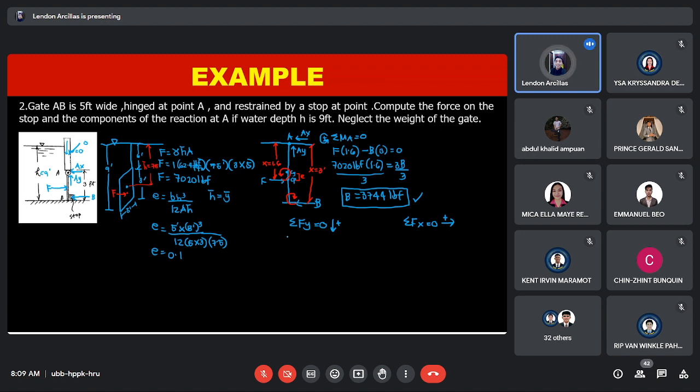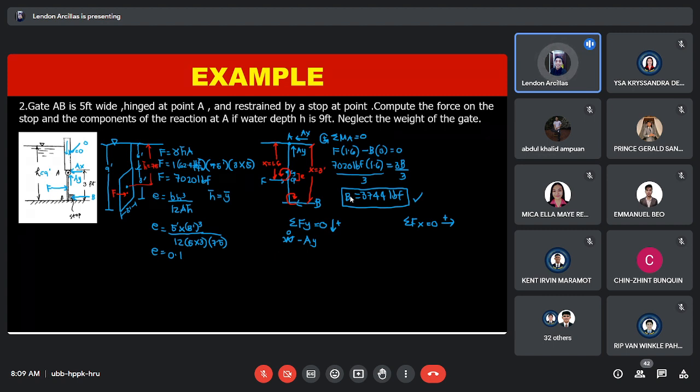So as you can see, yung ating vertical forces doon is W, and then sinabi niya yung weight ng gate is to be neglected, so W is 0. Diba? Next is yung A sub Y. A sub Y lang yung vertical dito. So that is minus A sub Y, since yung convention natin is pababa is positive, and then yung AY is pataas.